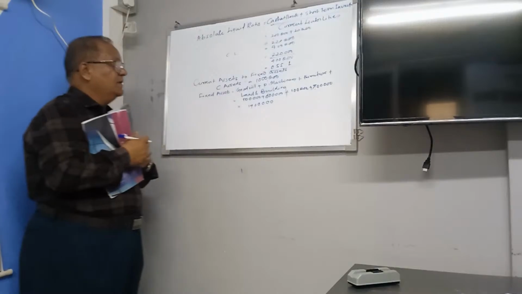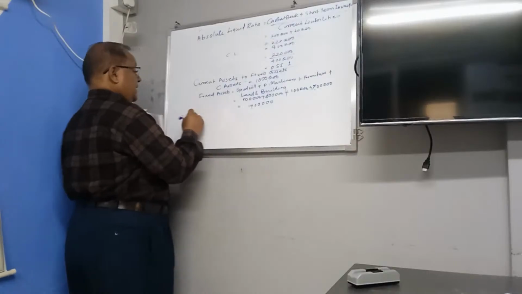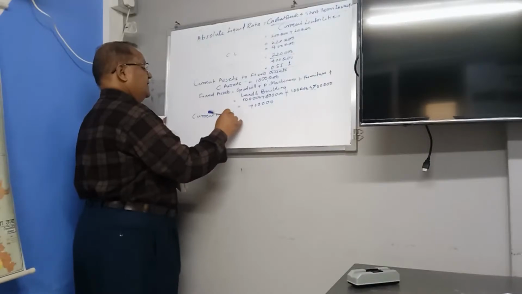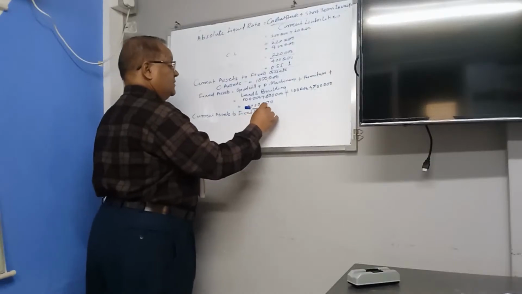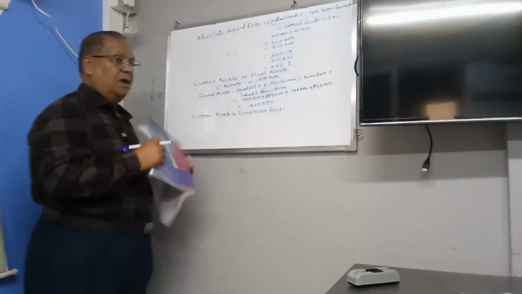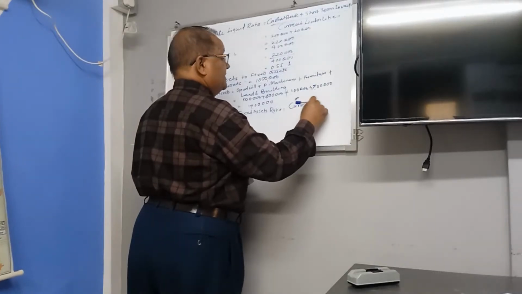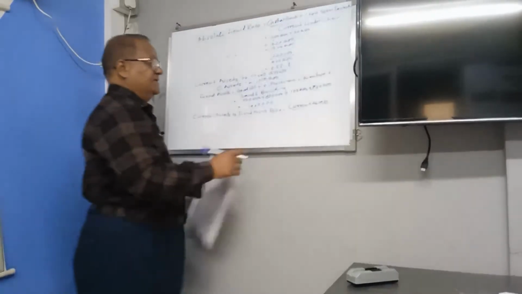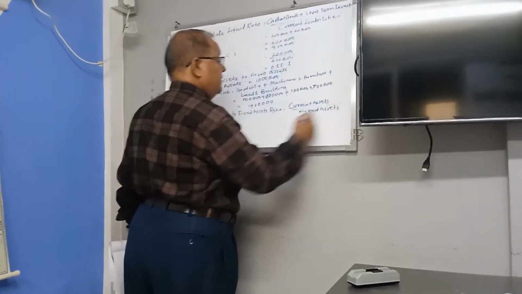Then we have to use the formula for this. Current assets to fixed assets ratio is equal to current assets divided by fixed assets.